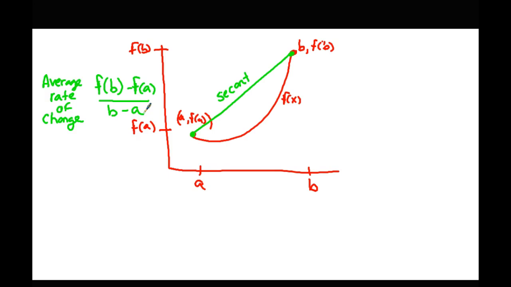So now what I'm going to do is ask somebody to come on up here and draw me a tangent line that's parallel to the secant line. Who is so bold? Jillian is so bold. It's kind of hard to get it just right whenever you're trying to make it.